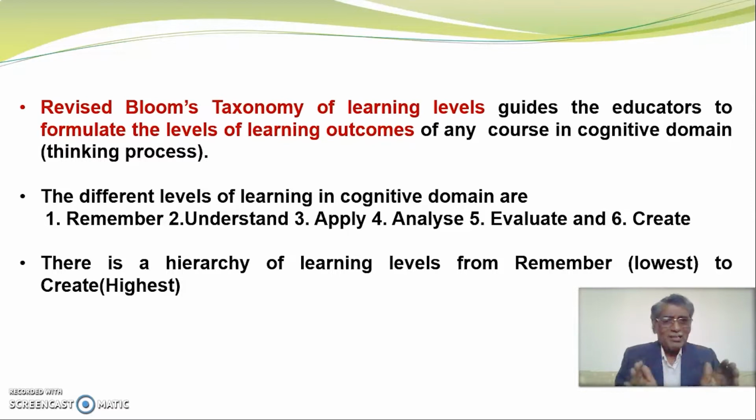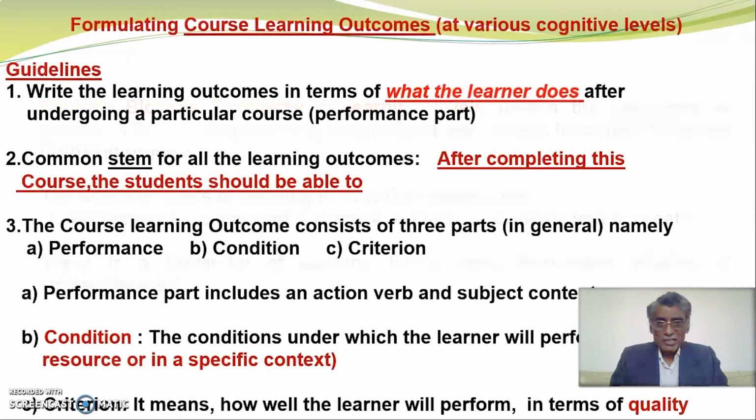There is a hierarchy of learning levels from remember, the lowest level, to create, which is the highest level. Now, let us see the guidelines which I have consolidated for the benefit of the faculty to formulate course learning outcomes at various cognitive levels.